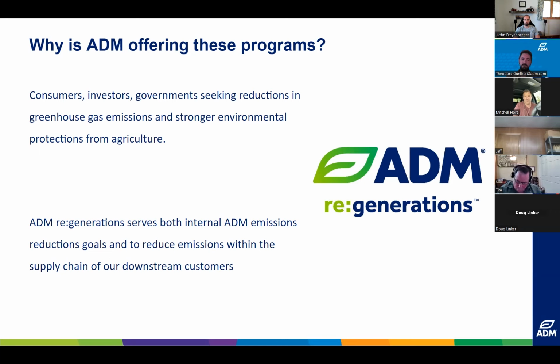Absolutely. So there's things happening both internal to ADM and we're offering this to the people who we purchase commodities from. We're looking in the mirror and seeing what we can do, but we also recognize there's a big opportunity for farmers that sell us their grains, and attaching environmental outcomes to those.